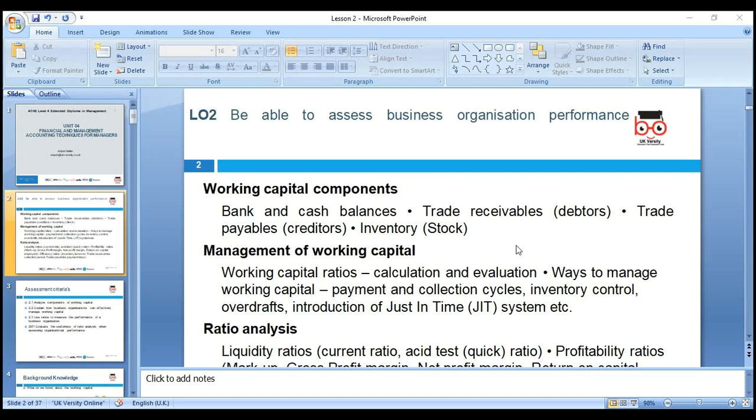Business organization performance. What is meant by performance? When we measure performance, we always measure it in terms of time, cost, and quality.